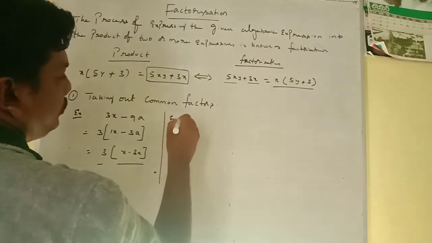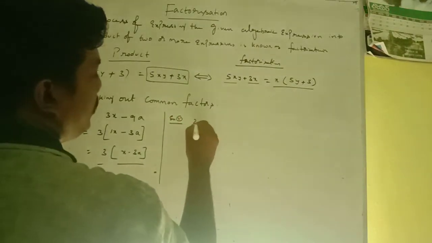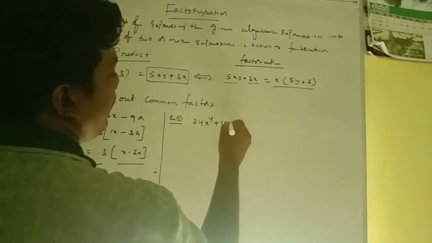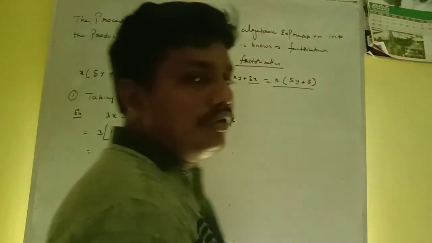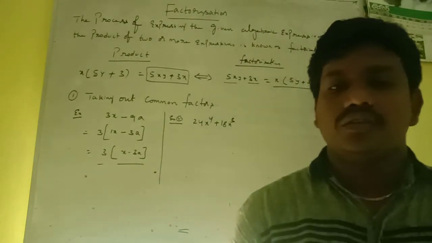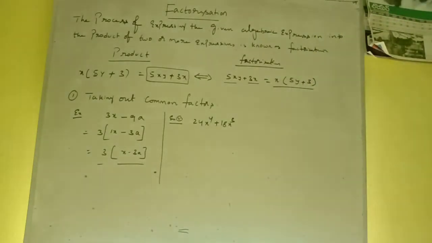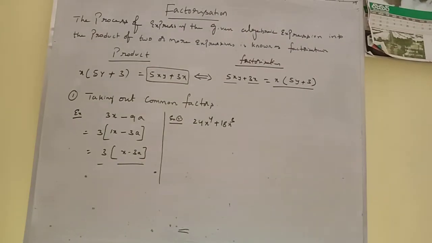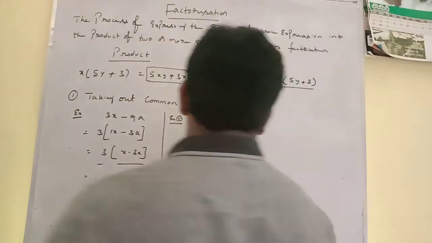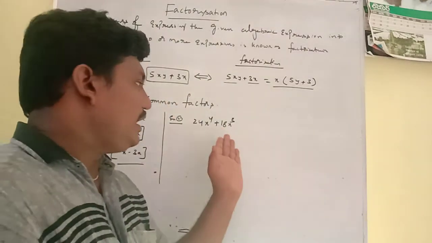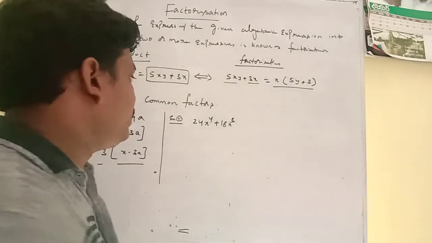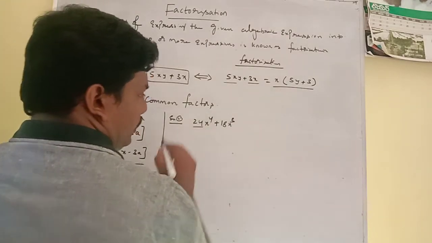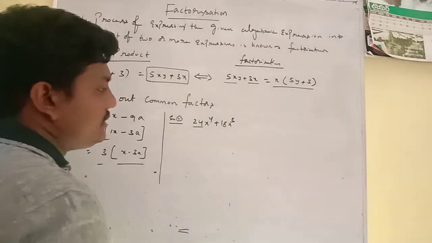Example 2 is 24x to the power of 4 plus 18x cube. How do we find the factorization of this expression? In this expression, the numerical coefficient is 24 and the variable part is x to the power of 4.